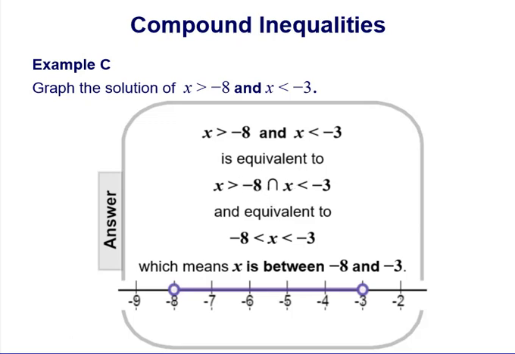So therefore, if we switch the sides, we switch the sign, and then combining the two gives us -8 is less than x, which is less than -3, which means x is between -8 and -3. Now, this is not inclusive. We have open circles. We're not including -8 and -3, but we have all the values in between.